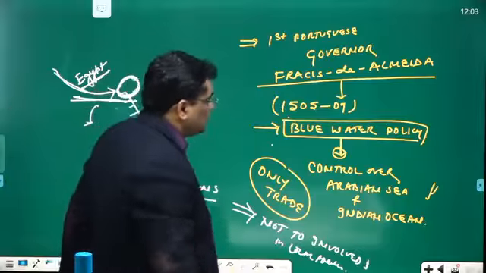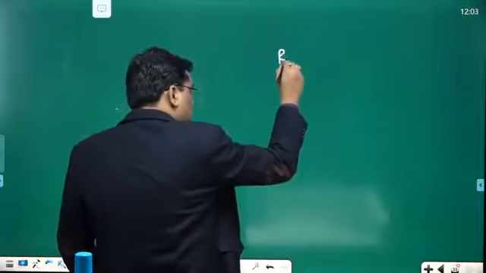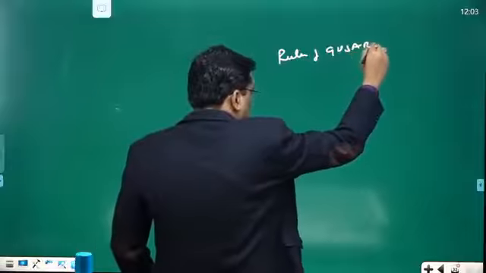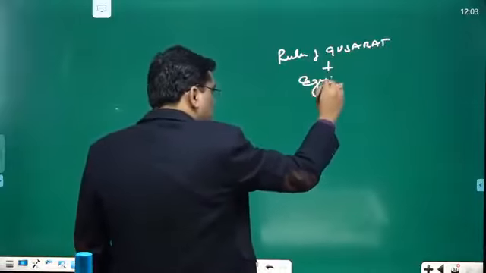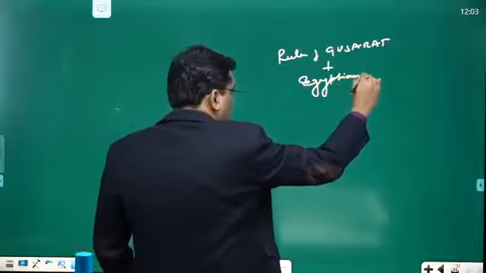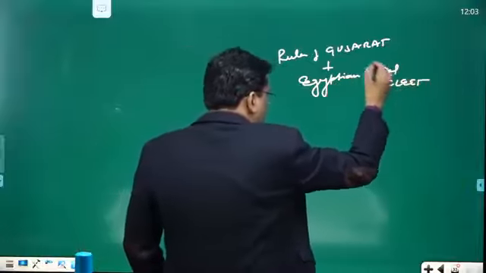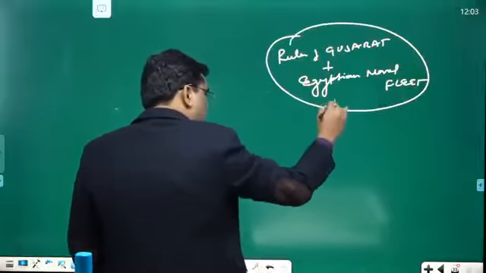So, what happened during the time of Almeida? The ruler of Gujarat plus the Egyptian naval fleet combined challenged Almeida.